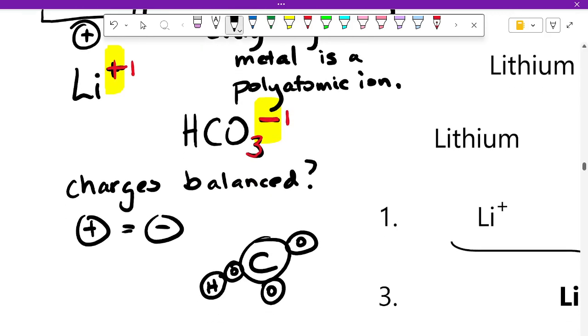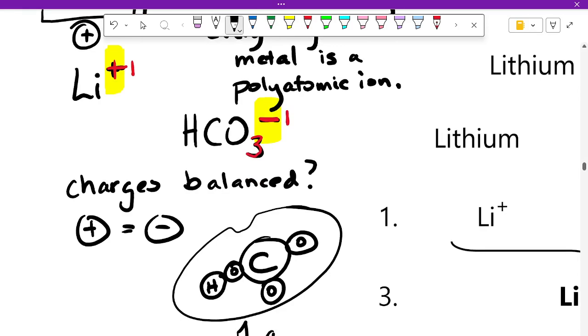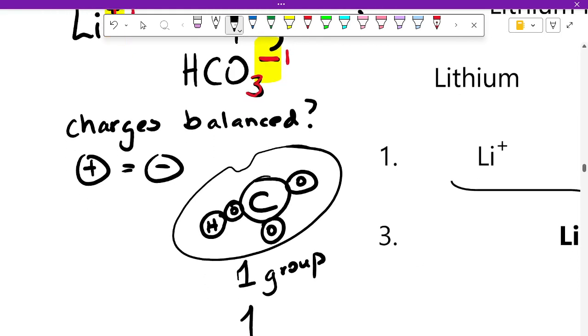We have one group. One HCO3. So we don't have 3 of them, we have one of them. And that whole thing has a negative charge.